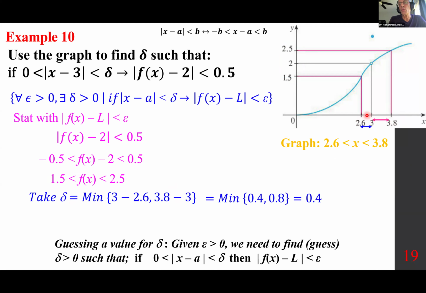If you pick the smaller one, this one, okay. So worst case scenario on the left side we get here. On the right side, if you go with 0.4 instead of 0.8, you end up here, and it still works. However, if you choose the bigger one, on the right side, you're fine.